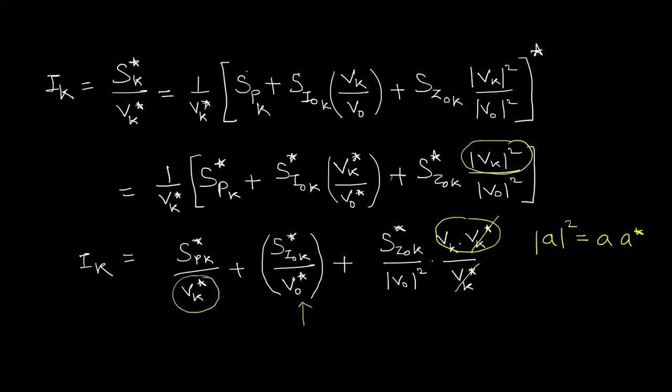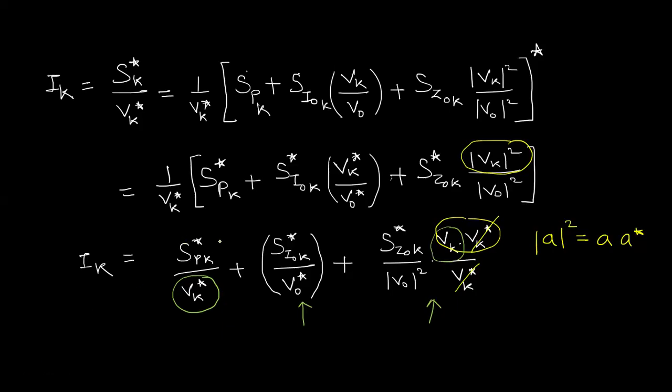So these are just numbers, independent of voltage and current. The third term is linearly dependent on Vk. So the only nonlinear term is the one corresponding to the constant power component. So we need to now linearize that term, and let us see how to linearize that.